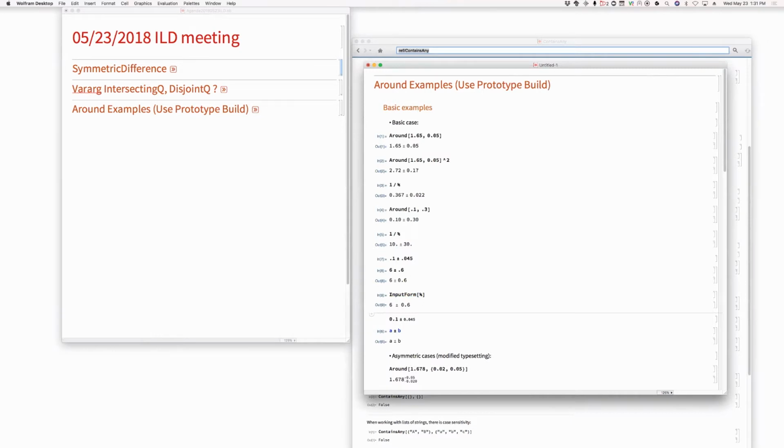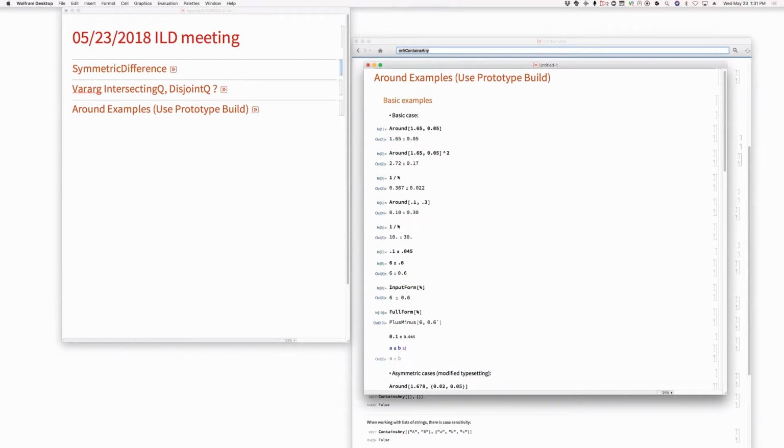The problem with plus minus is that it means something different. It doesn't mean around. It means potentially plus minus, as in A plus minus B plus minus C, which has a perfectly good mathematical meaning that isn't this whole thing with errors.